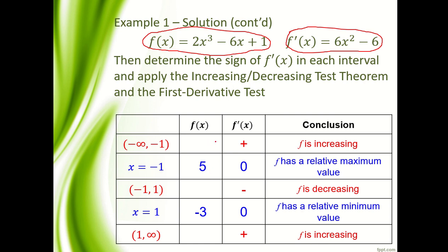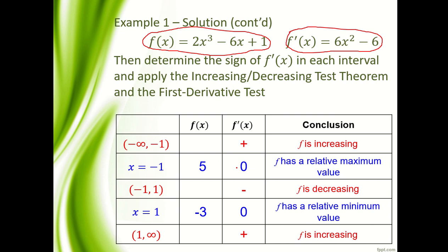Now solving for f prime of x at x equal to negative 1, substituting into f prime, because these are critical numbers. We are solving for the critical points here, and we have to determine whether it has a relative maximum or minimum.